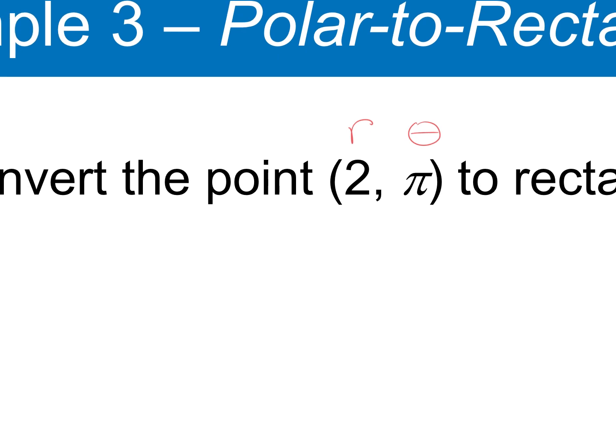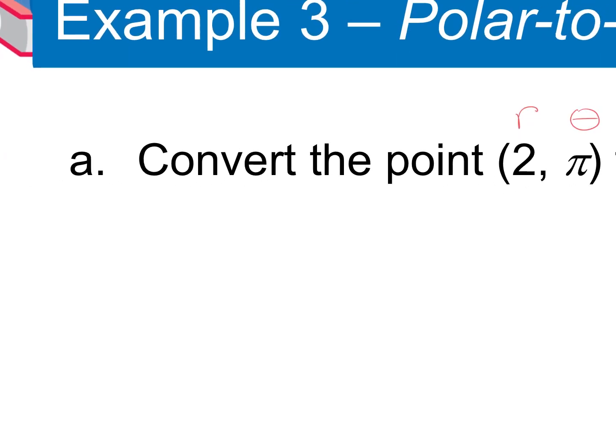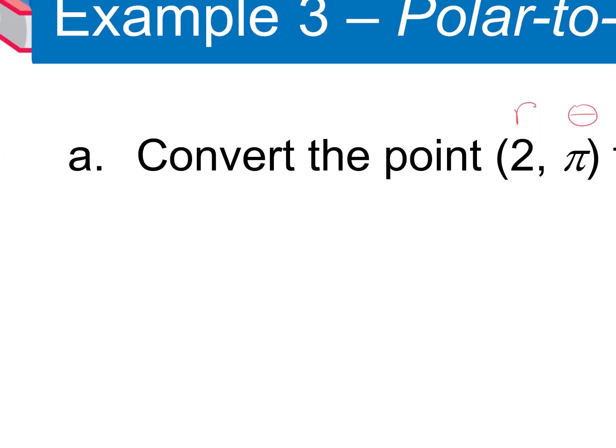Just a second ago, we took sine of theta equals y over r. We rewrote the formula to say y equals r times the sine of theta, correct? We rewrote the formula to say x equals r times the cosine of theta. Everybody with me? Yes or no?